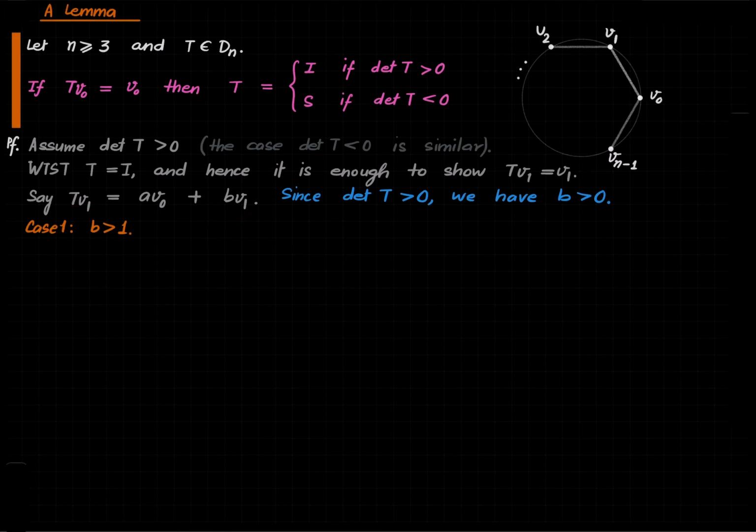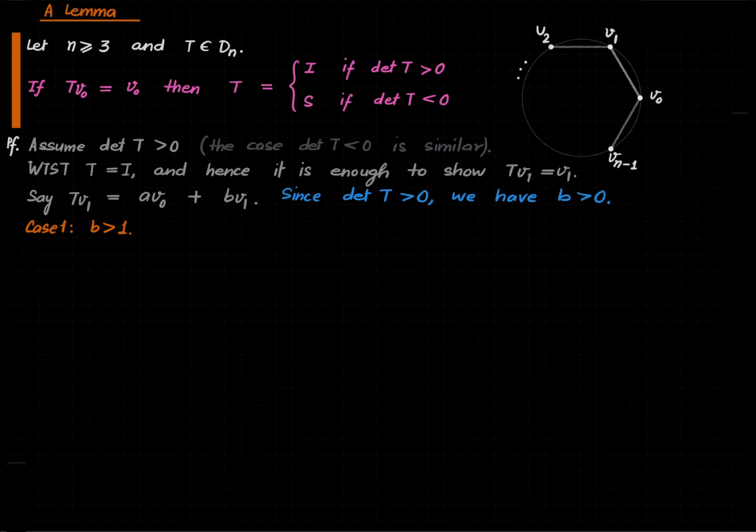And at one point it will blow up so big that this cannot possibly lie in the unit circle. But since by definition the dihedral group preserves the regular polygon, the image of V1 under any element of the dihedral group should lie in particular in the unit circle. So that is basically what will give us a contradiction in this case. So let me write down the details and things will be clearer then.